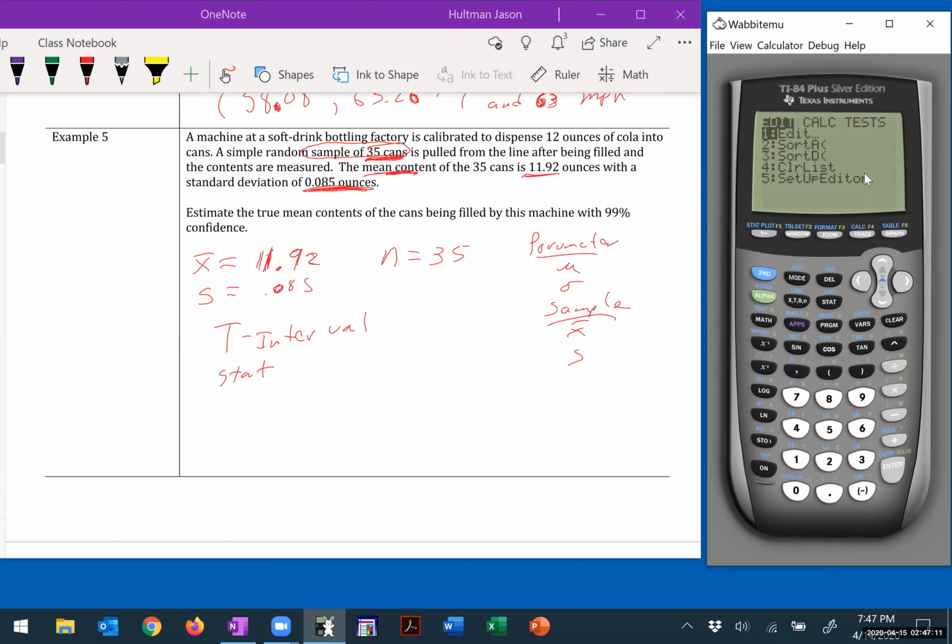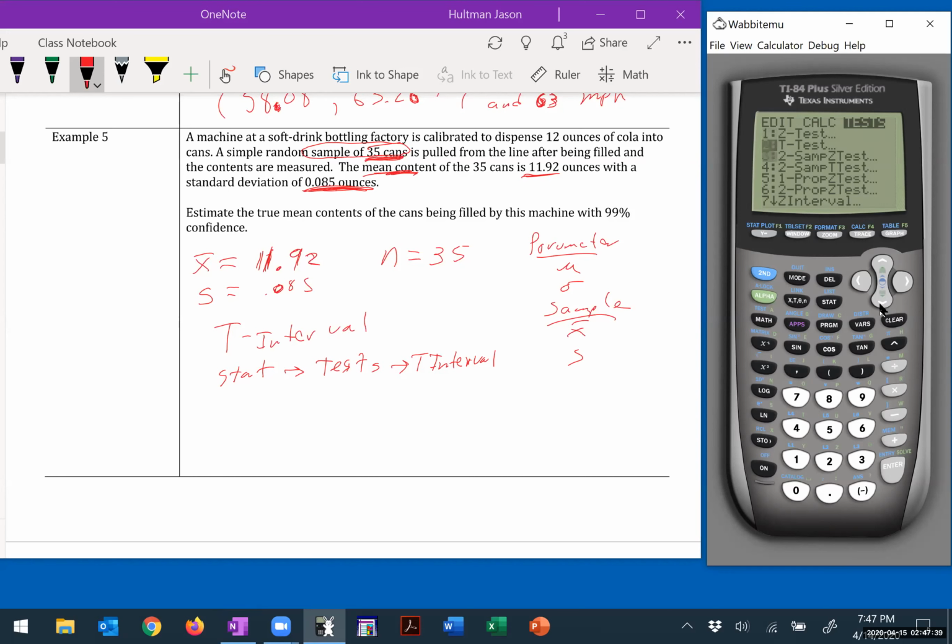Okay, stat, right? We're going to go to stat, and then we're going to go to tests, and we're going to go to something called T interval. Stat, tests, T interval.